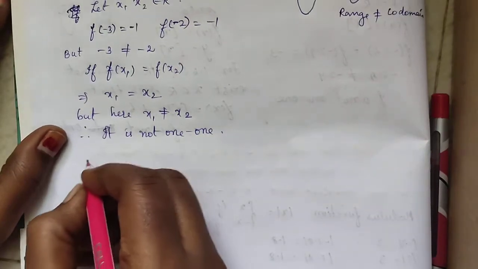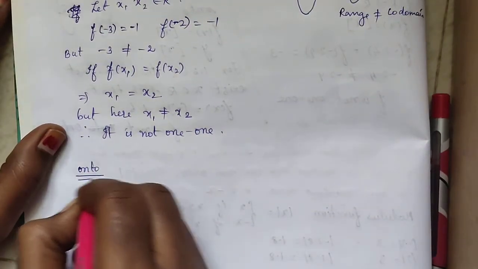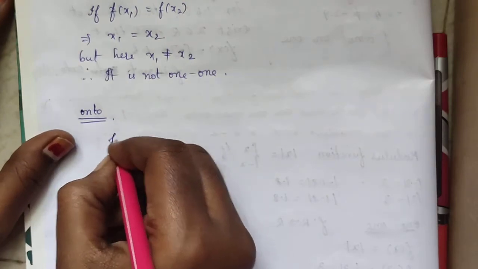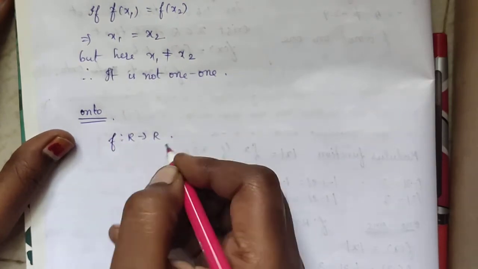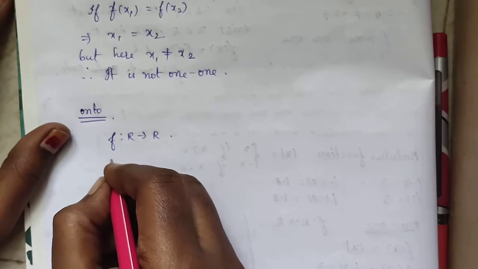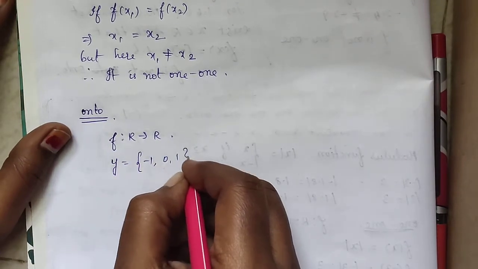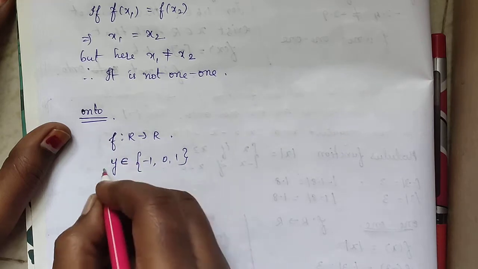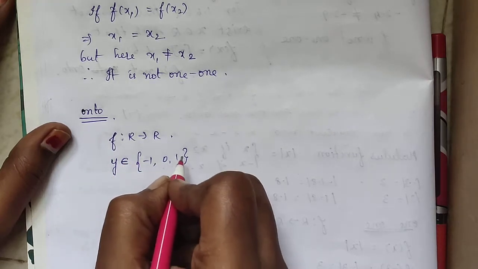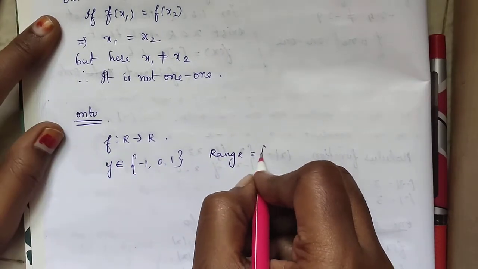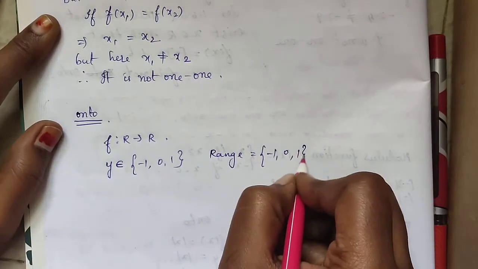Now the same way we will write for onto function also. For onto, f from R to R is given, see here, y is equal to minus 1, 0 and 1. This y belongs to the set only minus 1, 0 and 1. The range is equal to {minus 1, 0, 1}.